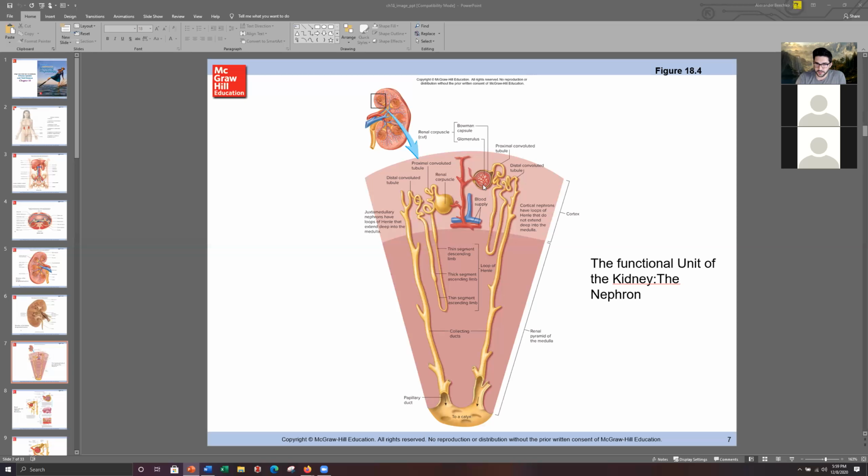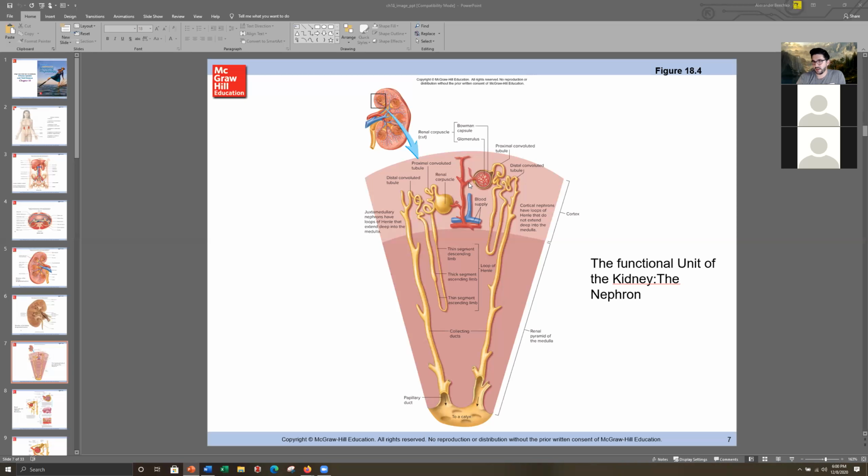The renal corpuscle is a composition of two major things. The first thing being the distinction of the arteries themselves. So the renal arteries transform into these arterioles, where we have what's called an afferent branch, and the afferent branch is what's entering the renal corpuscle, and then the efferent branch is what's exiting.